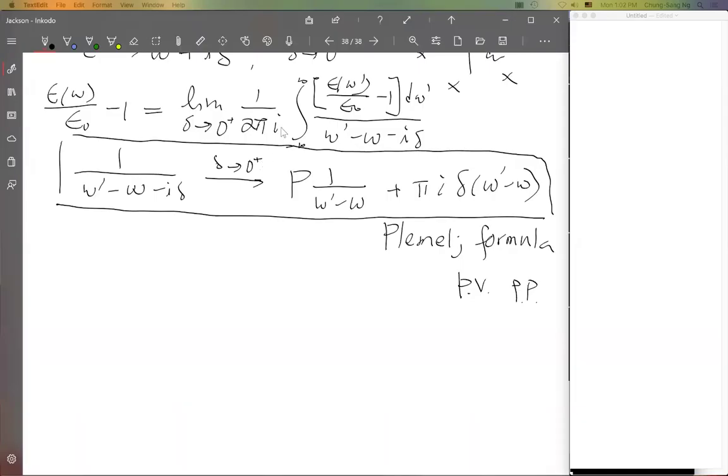Because this is one equation with both real and imaginary parts, assuming epsilon is a complex function, it can have real or imaginary part. Although we treat omega as real, the function epsilon itself can be complex. This function and this function in the integrand are exactly the same function. Then we are dividing by 1/2 pi I, so there's an I here.